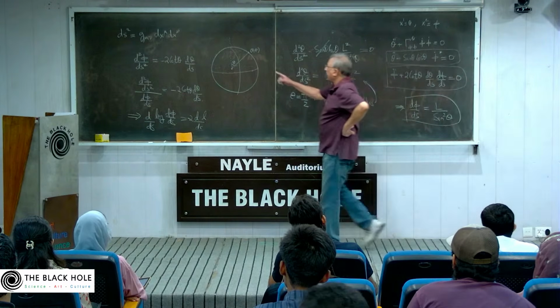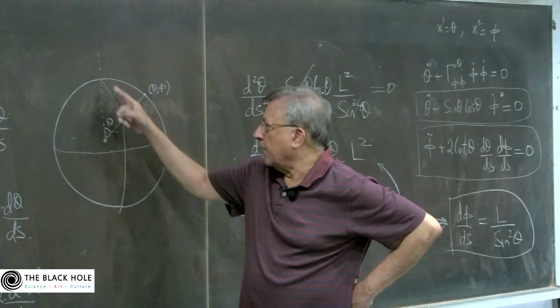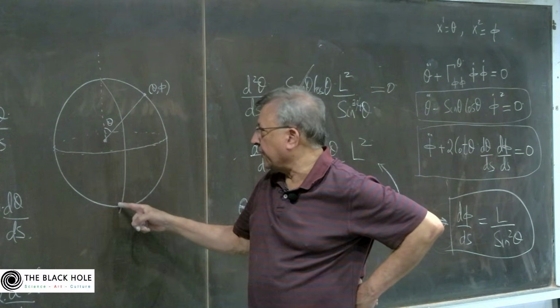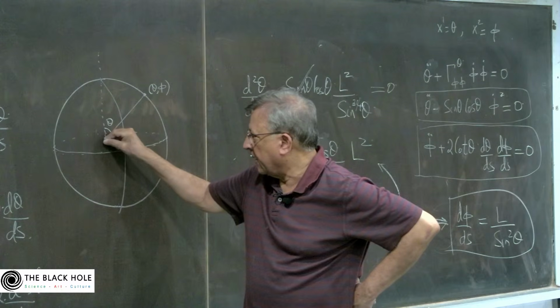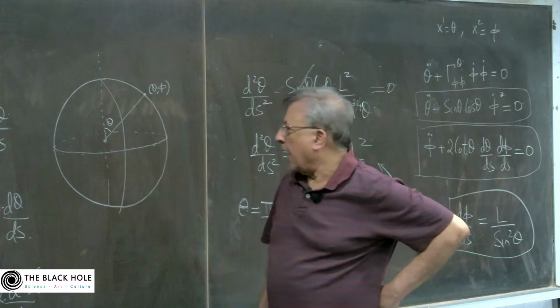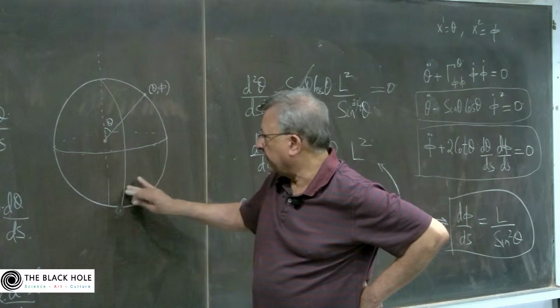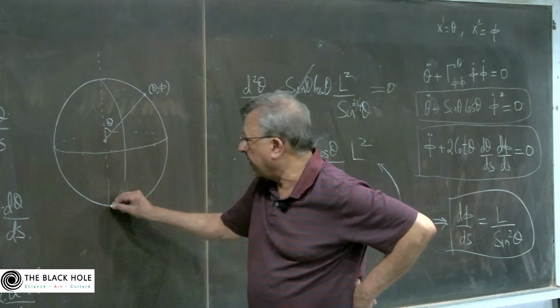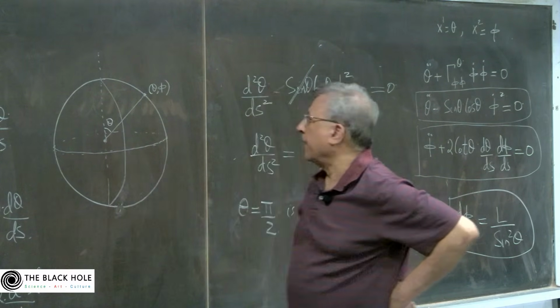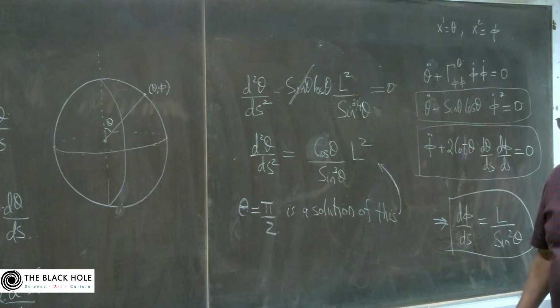So theta equals 0 is this North pole. Theta equals pi is the South pole. And theta equals pi by 2 is the equator.